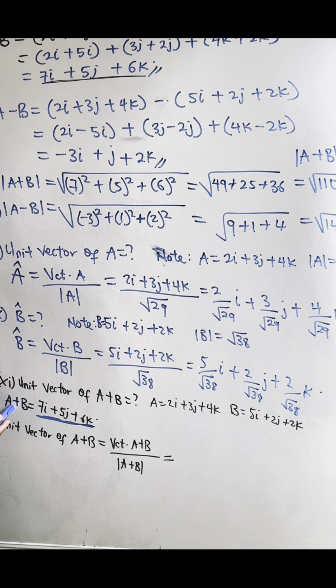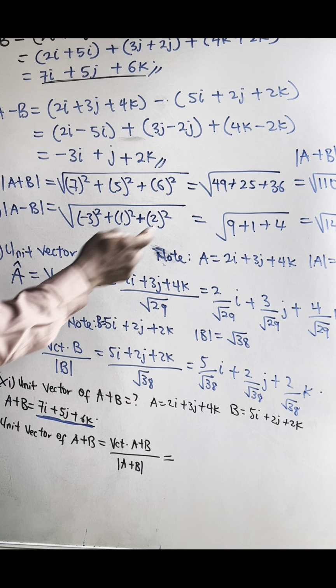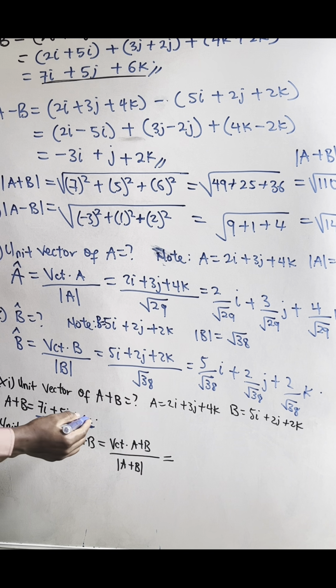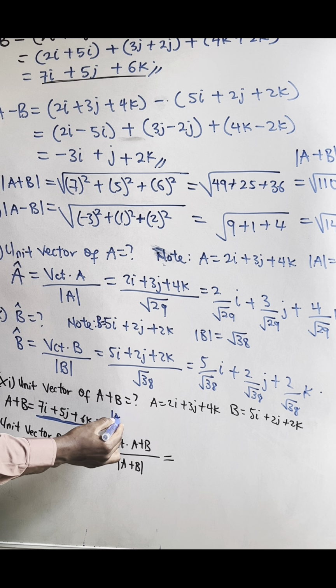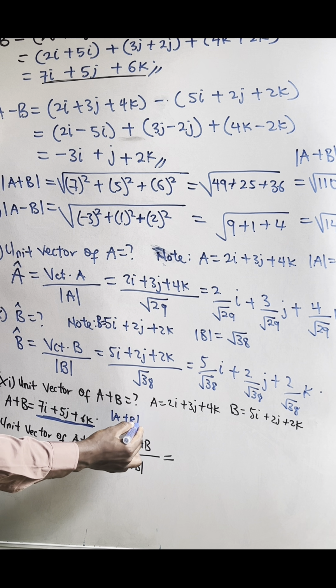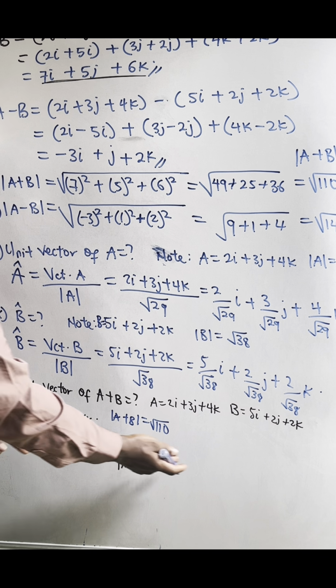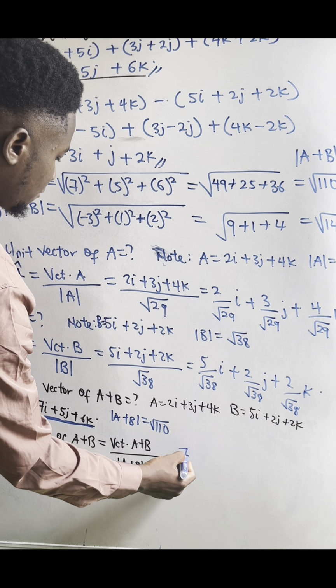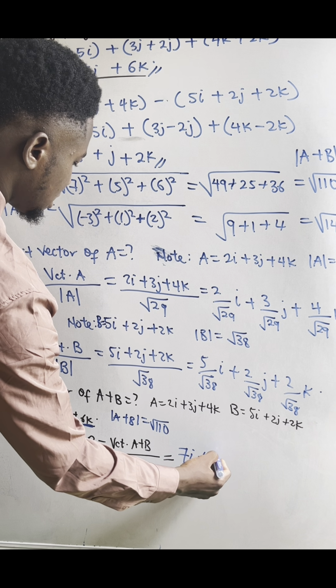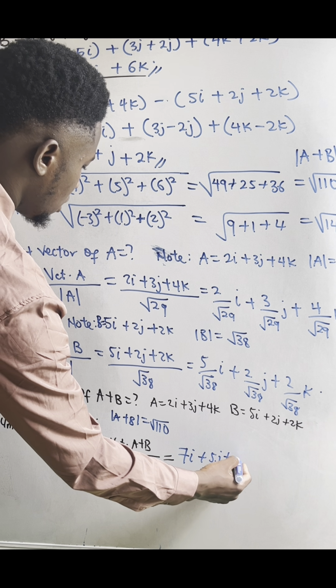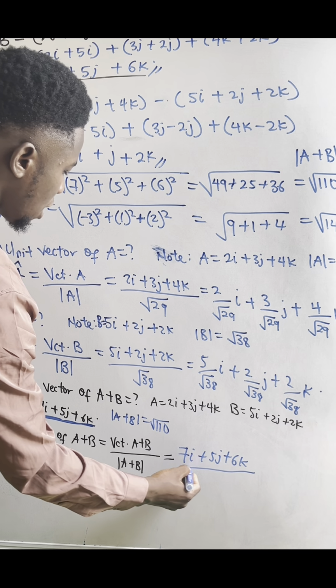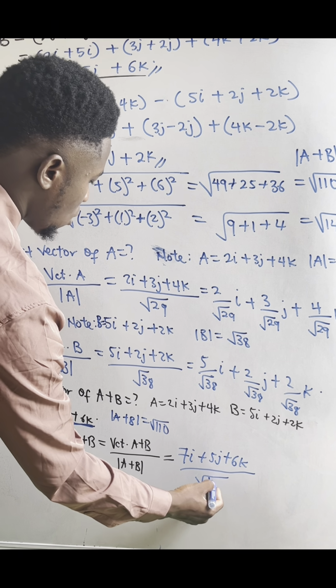So our A plus B was given as this, and the magnitude of vector A plus B has also been calculated as square root 110. So therefore, the final answer for this will be 7i plus 5j plus 6k all over square root 110.